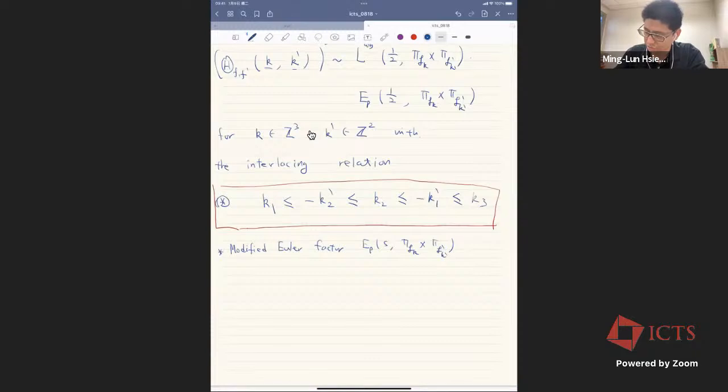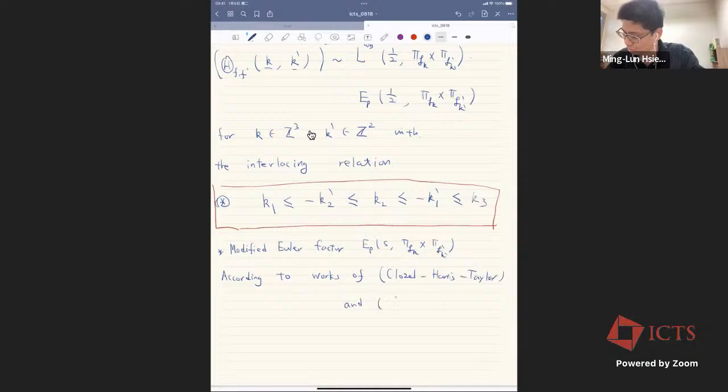According to works in this particular setting of Clozel, Harris, Taylor, and Garrity, we can associate the Galois representations, rho pi.